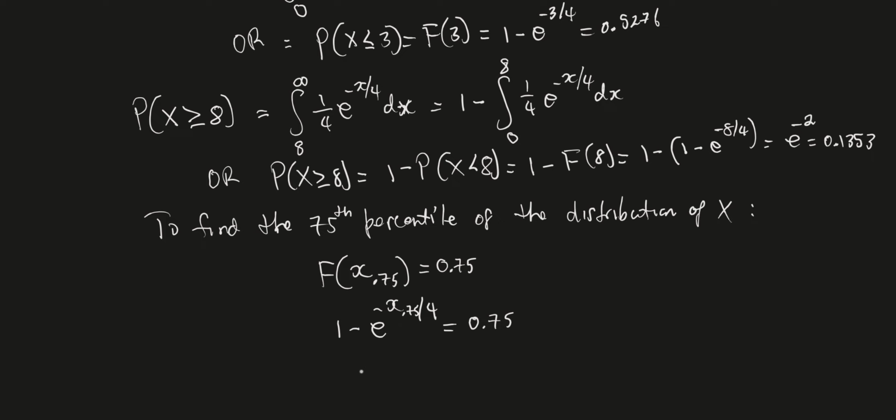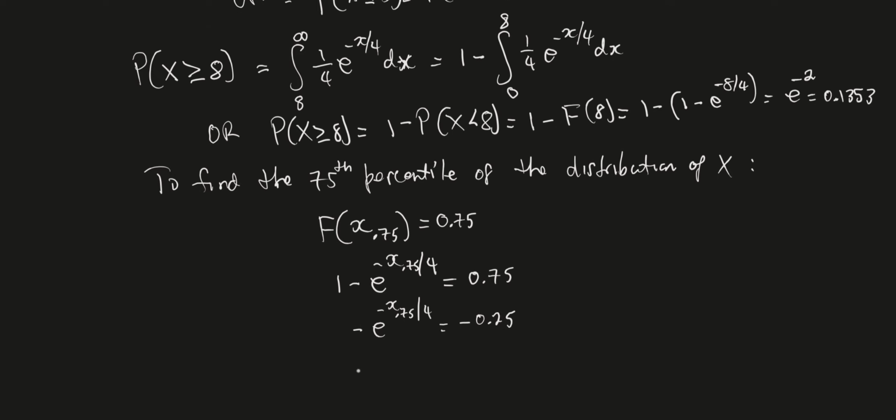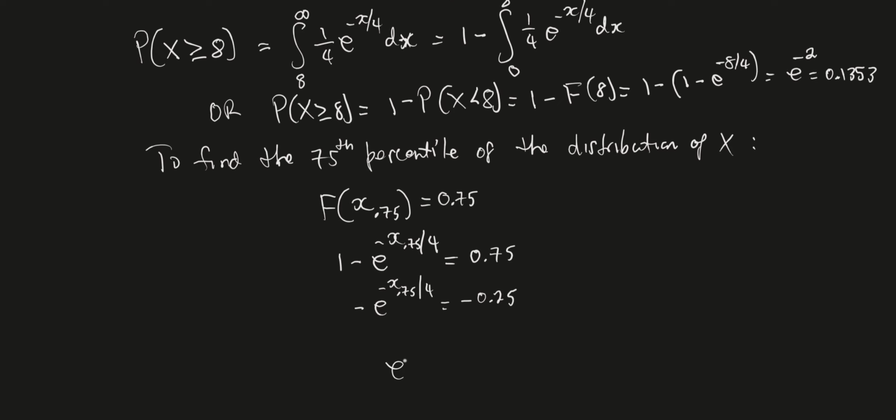Subtract 1 from both sides, so we have negative e to the negative x sub 0.75 over 4, and this gives me negative 0.25. Multiplying both sides by negative 1 gives me e to the negative x sub 0.75 over 4 is now a positive 0.25.